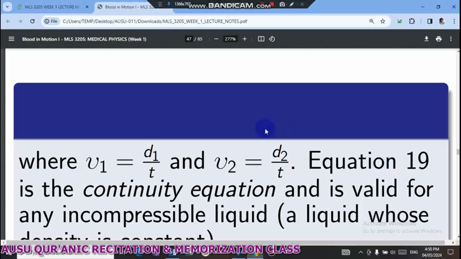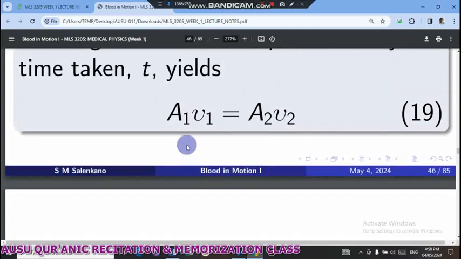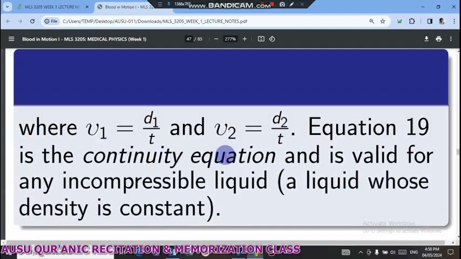Equation 19, which one is equation 19? This equation, A1 V1, cross-sectional area in region 1, speed of the liquid in region 1, is equal to cross-sectional area in region 2, speed of the liquid in region 2. This equation is the continuity equation. So you see, we have derived the continuity equation.